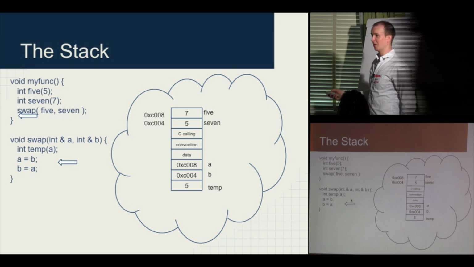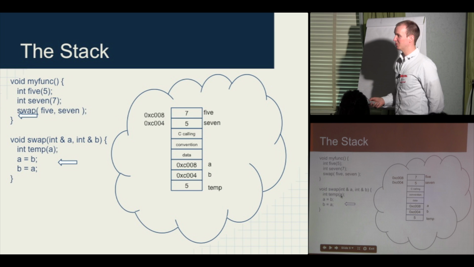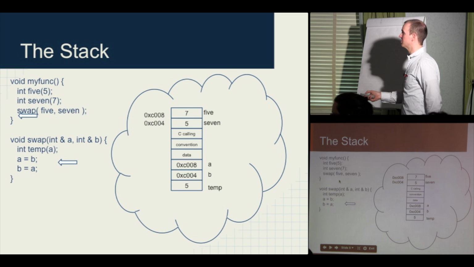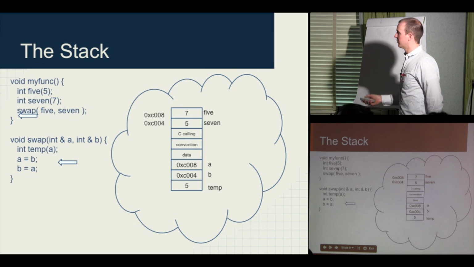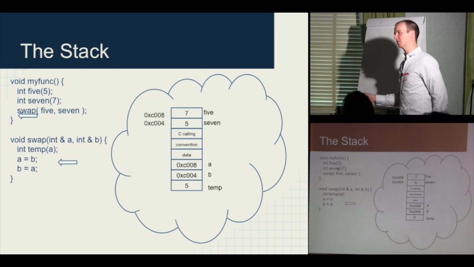Remember that I screwed up this 3-line function, so this should be a temp here as opposed to A. So it would have pointers to each of these two variables, and it'd be modifying the contents of these two variables, right? I hope that was a little more clear.